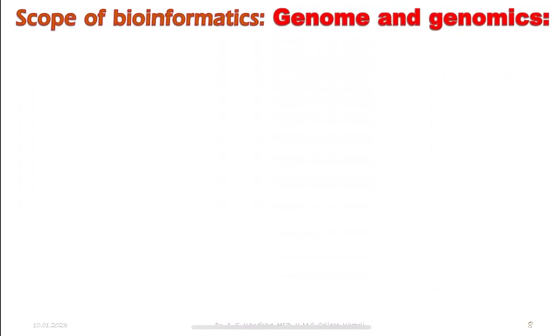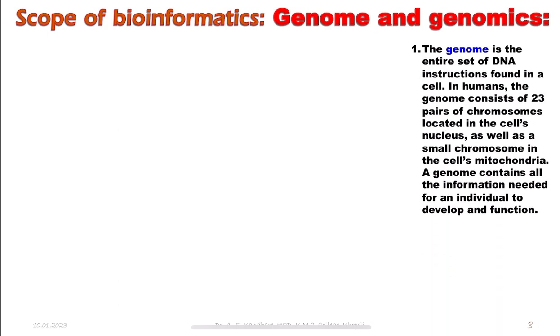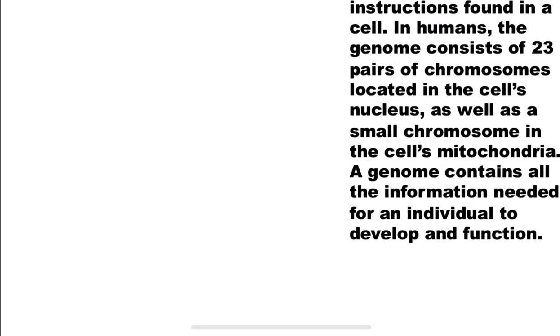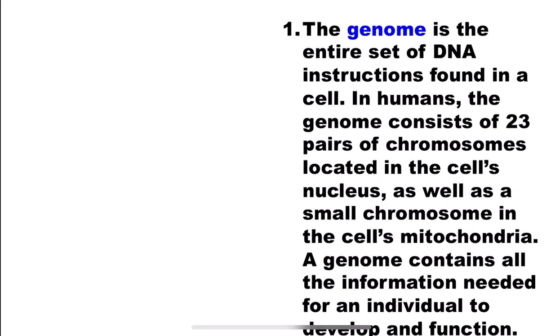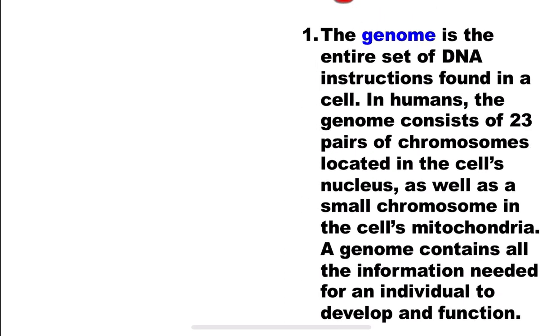Then, scope of bioinformatics: genome and genomics, this is also there. What is a genome? The genome is the entire set of DNA instructions found in a cell, isn't it? So what is a genome? The genome is the entire set of DNA instructions found in a cell. Whatever DNA instructions, DNA structure, DNA is inside the cell, that is called the genome.